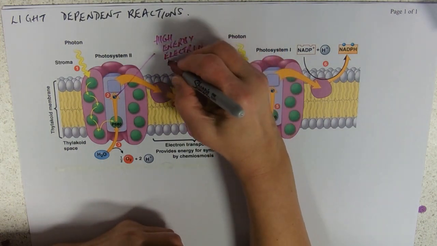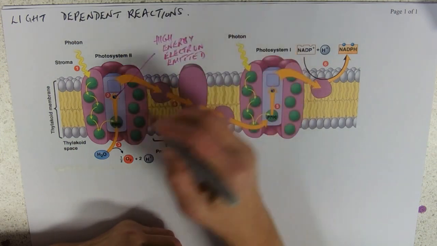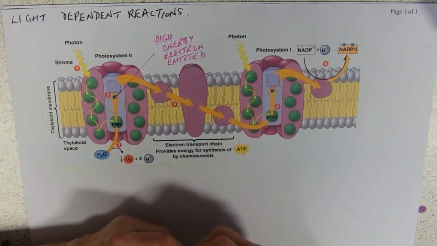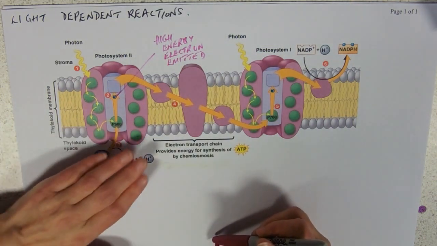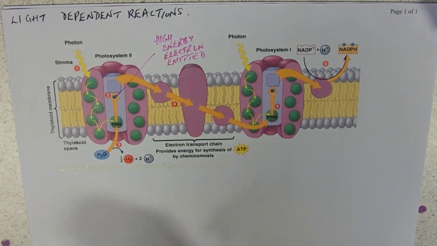And I think it's important to say here that that electron is actually emitted from the chlorophyll, so it's actually losing an electron. If we ignore this bit down here for a second, we'll deal with that in a minute. And where is it going?